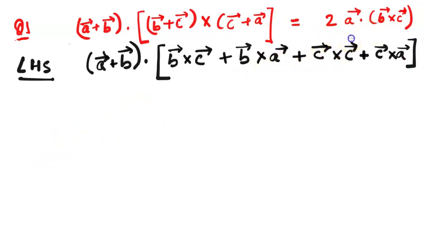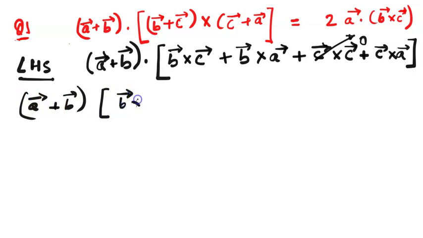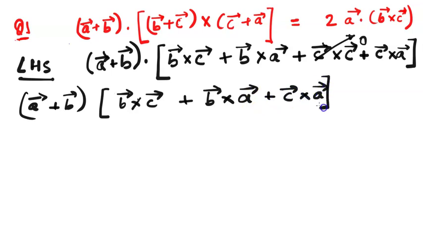So this entity would go to 0. So we will have a plus b cross c plus b cross a plus c cross a.